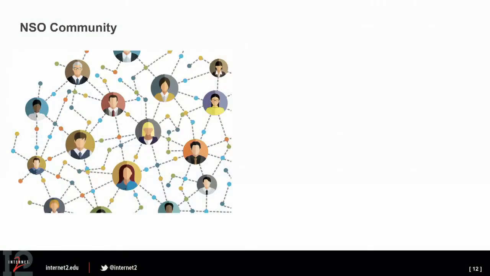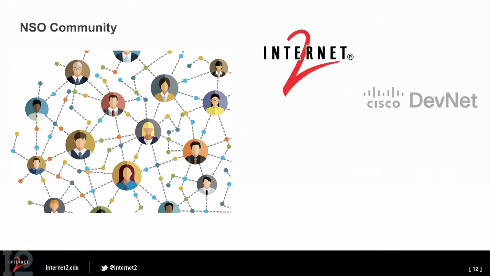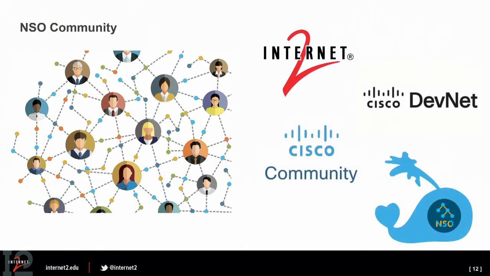Another thing we talked about with Nicholas and Guy was the NSO community and how important that was to Internet2. And for Internet2, that's very important because we are a community-driven organization, and everything we do is really about our community. So also having a developer community around NSO was important to us, and we found that so far.